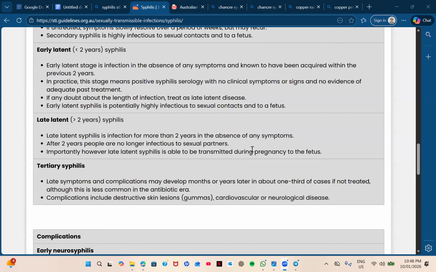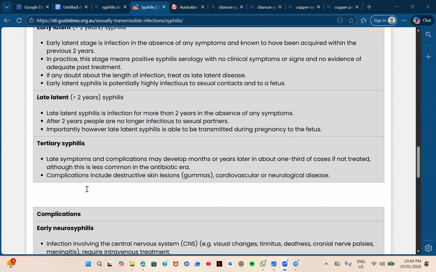Importantly, however, late latent syphilis can be transmitted to the fetus during pregnancy. So after 2 years, patients are no longer infectious to sexual partners, but can still transmit to the baby during pregnancy. Please remember each point.